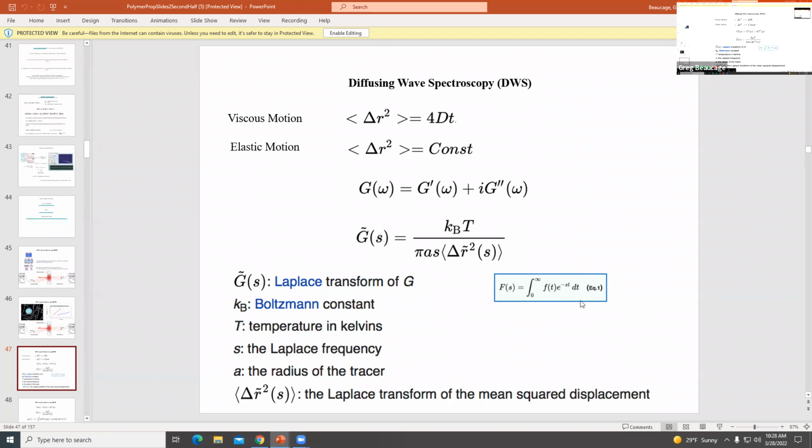Okay, so it looks like a Fourier transform, except the Fourier transform would be minus sti. So it'd be an imaginary number up here. And when it's sti, this thing becomes a sum of sine minus i times cosine. So it's got a real and imaginary part to it, which would be like the loss and storage kind of.